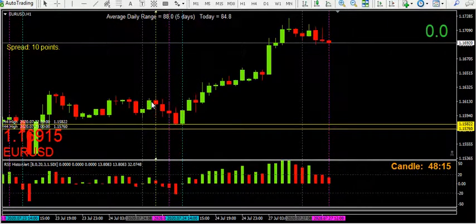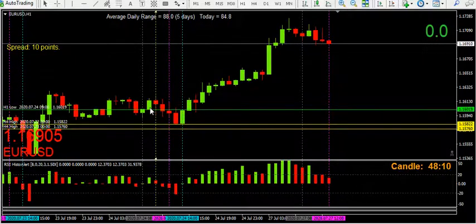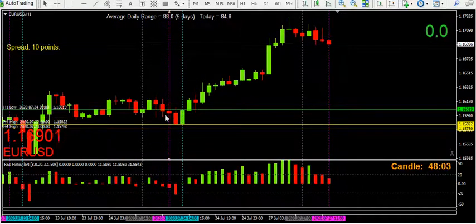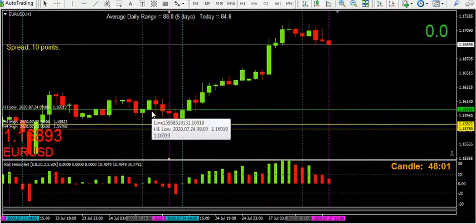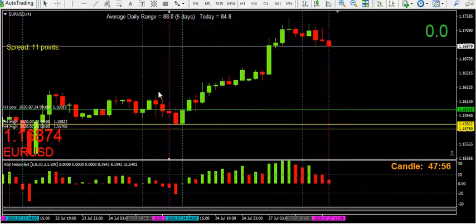That was the pullback. That was the confirmation candle, should I say. Swing one, swing two, swing three: low, high, high, low, high, high, high, low, lower high, lower low, and close. Then you would need to drop to M15 to look at your RSI.